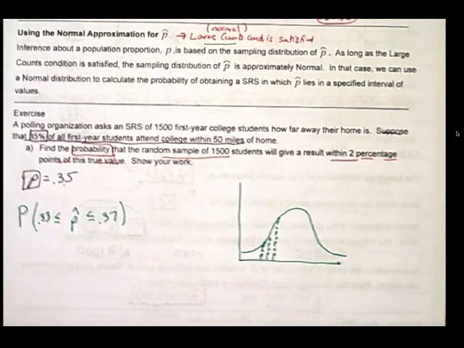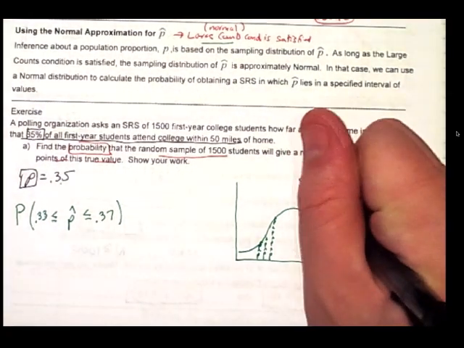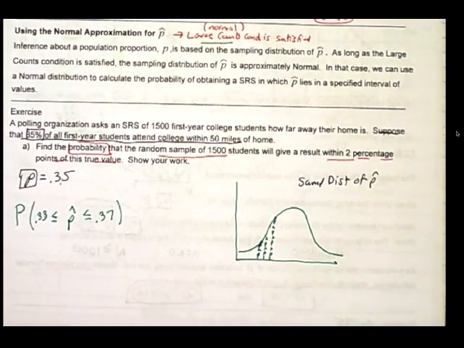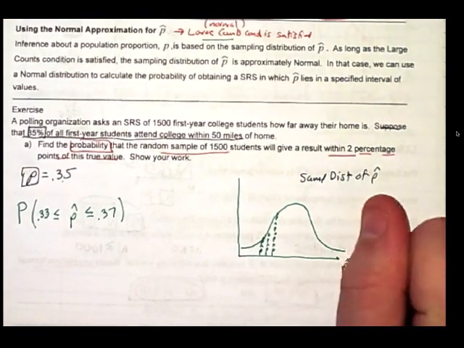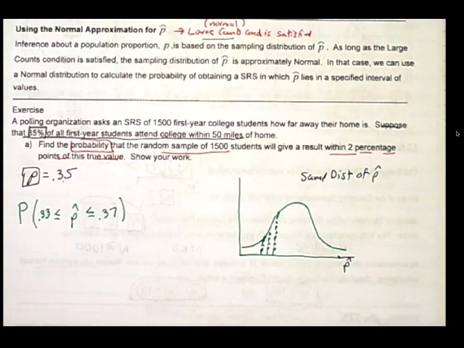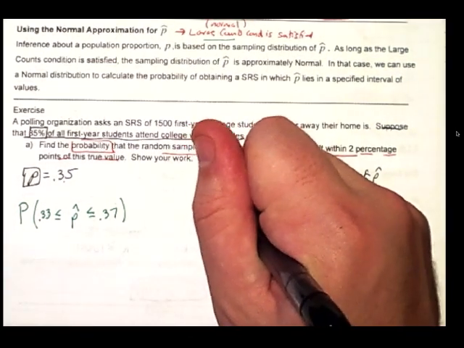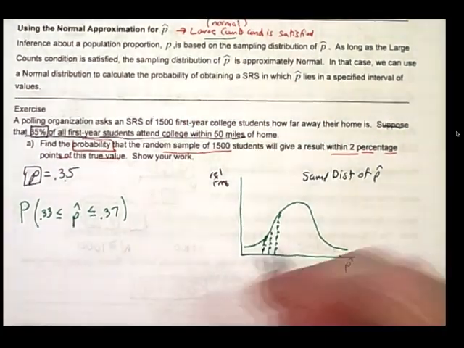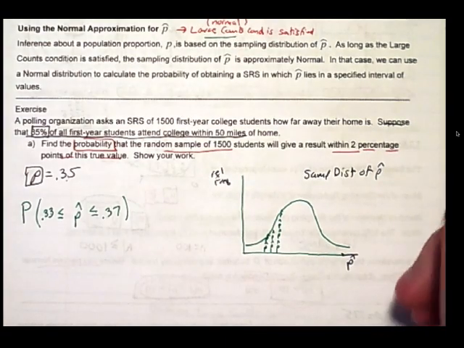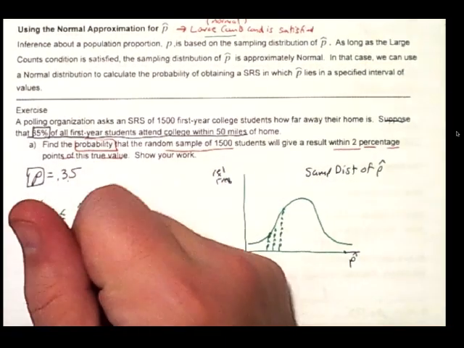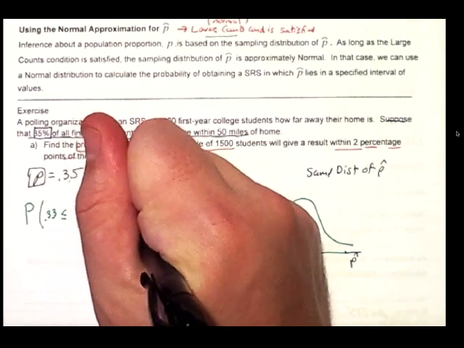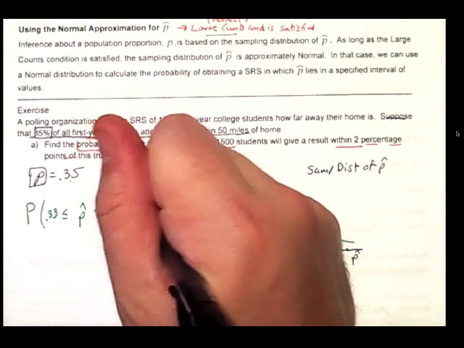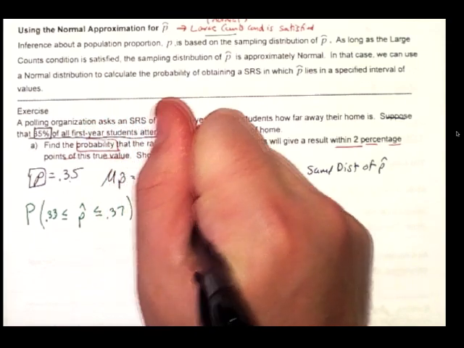So on our sampling distribution, this graph represents the sampling distribution of p hat. So all these values on the x-axis are p hats. And everything up here refers to a frequency, or a relative frequency. So we know that the mu of p hat, the mean of the sample proportions, is going to equal rho, which equals 0.35.